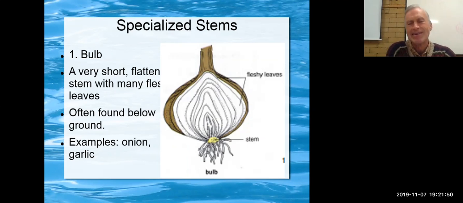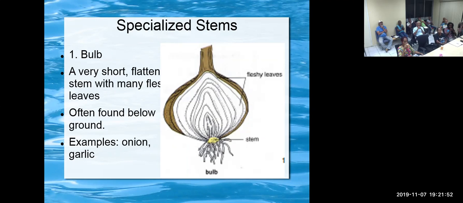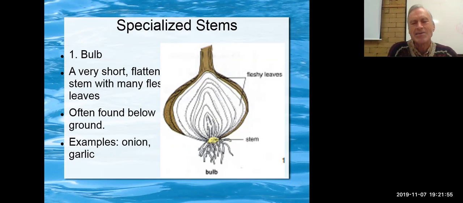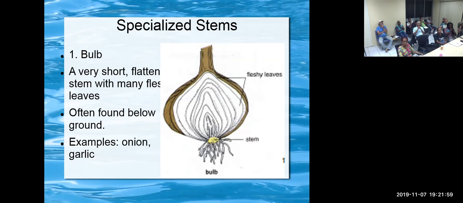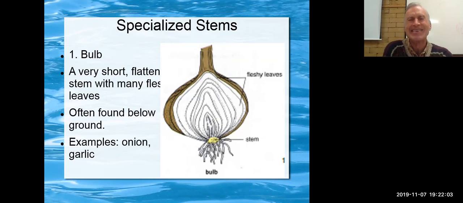What about radish, Steve? Radish is a root. Okay. It's a swollen taproot. The thin root comes out of the bottom of the radish and the stem comes out of the top of it.